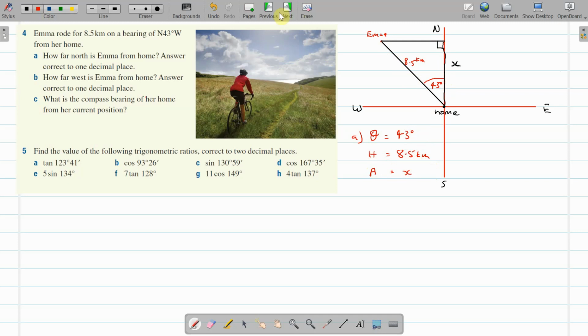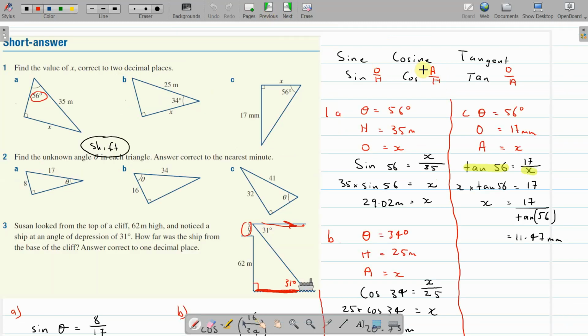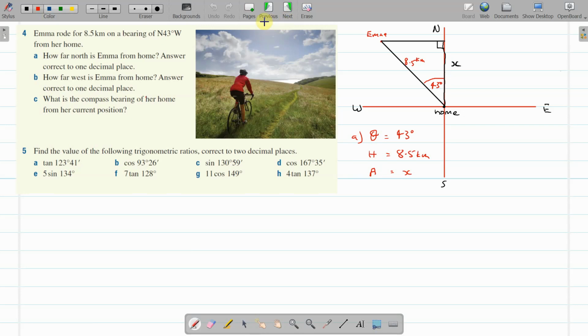And that uses the cosine ratio. So let's write the statement. Cos of 43 equals adjacent, which is the unknown, over the hypotenuse, which is 8.5 k's.